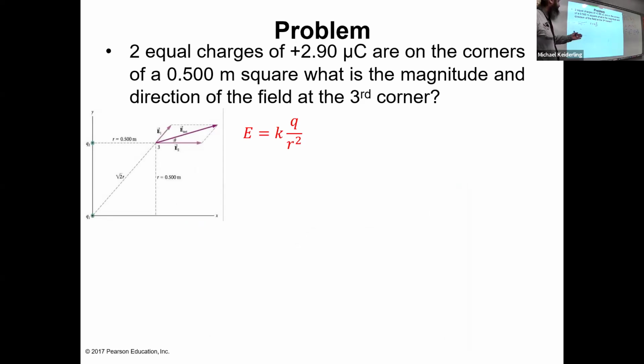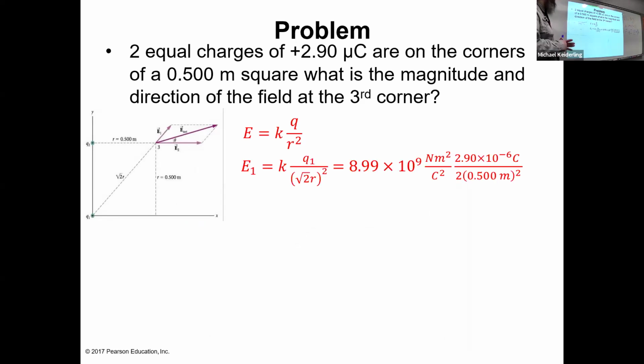The electric field is going to be K times Q over radius squared. So the magnitude of electric field 1 is going to be K times Q1 divided by square root of 2 times the size of the box, squared. So the square root of 2 squared, we get 2.